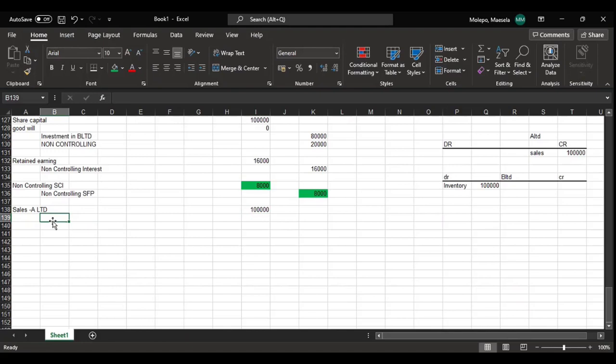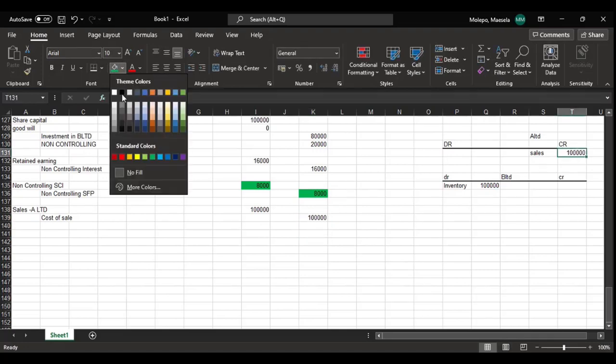And then on the credit, we put, remember the inventory is gonna be used as a cost of sale because B limited, this inventory will end up selling it, right? So the cost of sale B limited is also 100,000. So this is the elimination of these things.